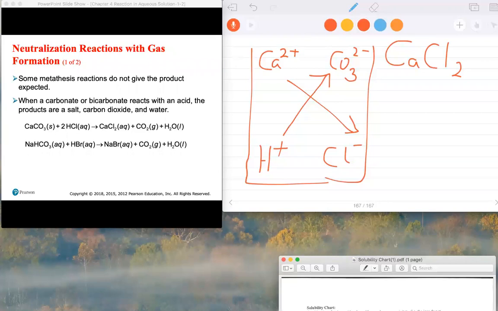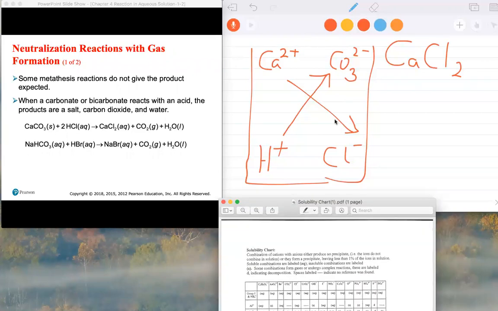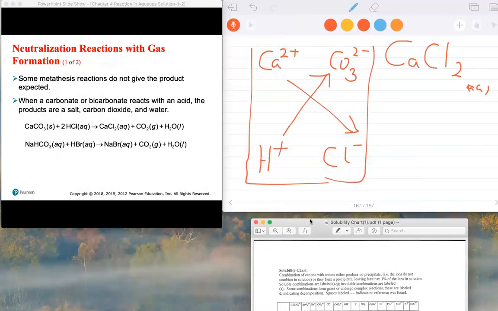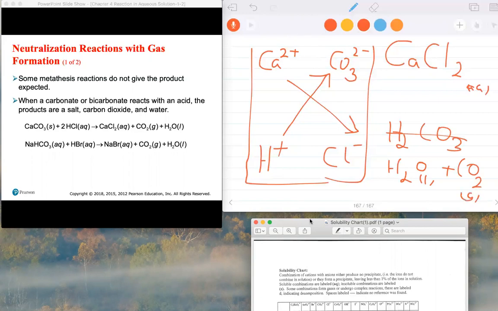And you're going to use the solubility chart here to predict which one is solid and which one is aqueous. Look at the calcium and chloride, it is aqueous. So I know this is aqueous. You can use the solubility chart. And of course, as I say, this produces H2CO3, but it will decompose to produce H2O and CO2. This is gas.